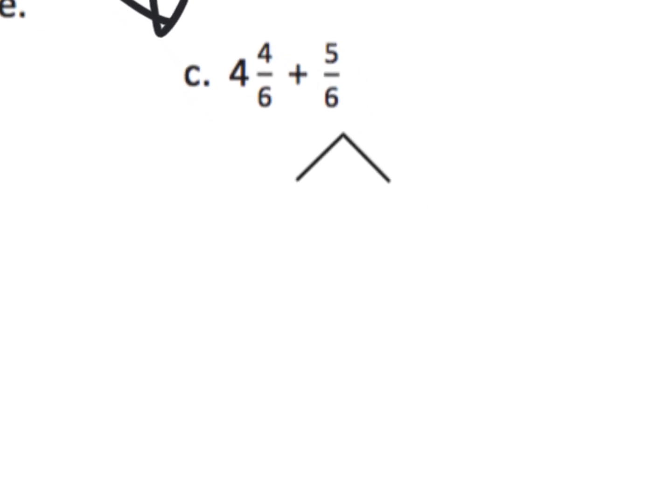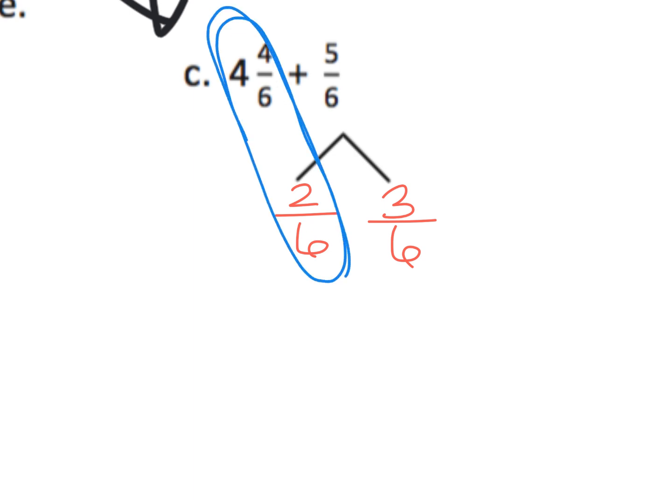Well, in order to add to this 4/6 to get 1 whole, we need to have 2/6, which means 5/6 is going to be split up and decomposed into 2/6 and 3/6. There is our 5/6. So now we're able to add. We can add 4 4/6 plus 2/6. That gives us 5.